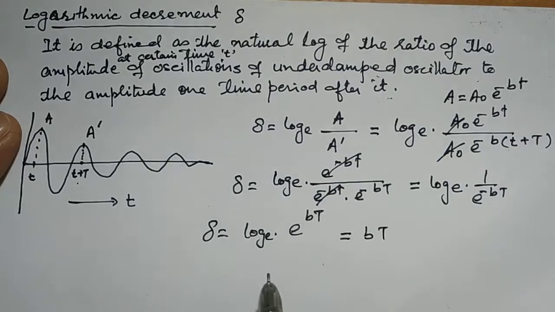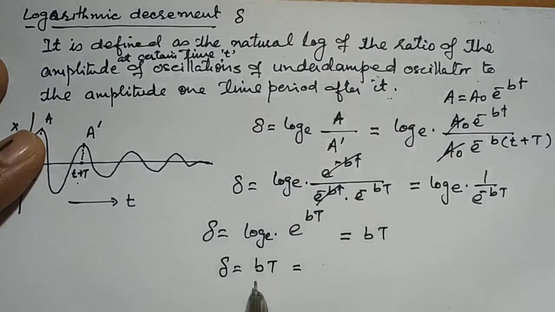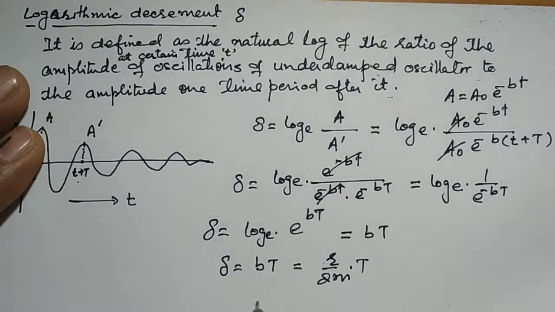So delta comes out to be b into T, and we have already studied that b is given by R over 2M. So that is the value of logarithmic decrement, R over 2M into T.